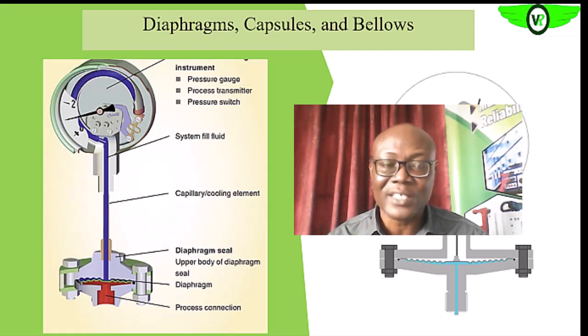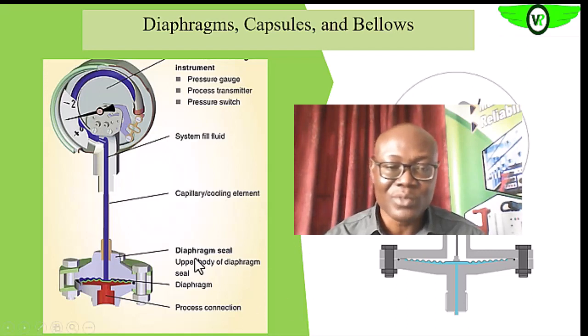It's just like the diaphragm that is separating the thorax from the abdomen in humans. Okay, as you increase the pressure in your thorax, that is in your lung, the diaphragm will stretch. Okay, it also uses the same principle.